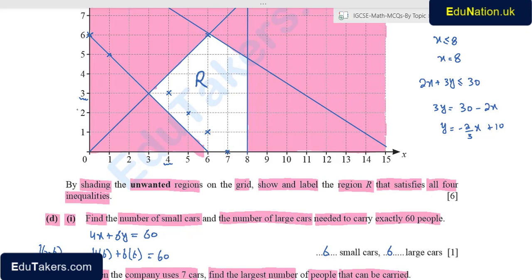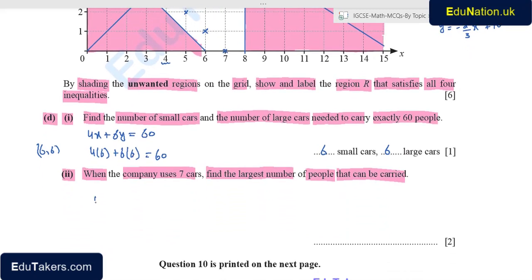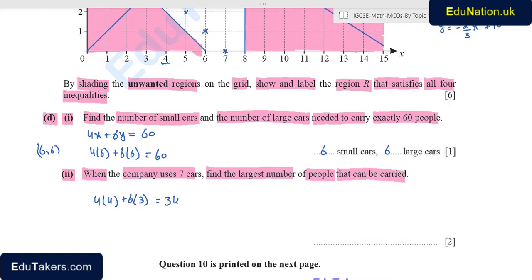So we will use the highest number of large cars. This will be 4 into 4 plus 6 into 3. 4 times 4 plus 6 times 3 is 34. So the largest number of people that can be carried by using 7 cars is 34.